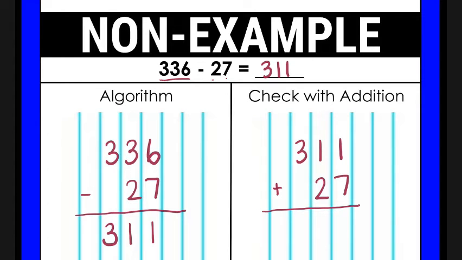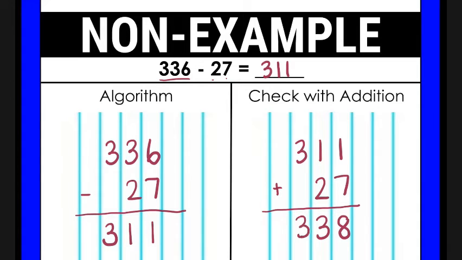I have 1 plus 7 equals 8. 1 plus 2 equals 3. 3 plus 0 equals 3. So my addition answer is 338. Is that the same as 336? It isn't. So I need to go back and I need to find where I made my mistake.